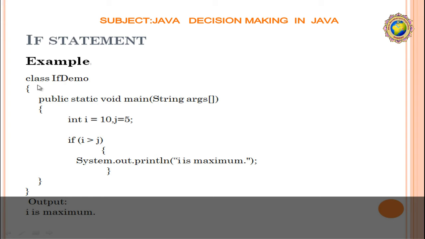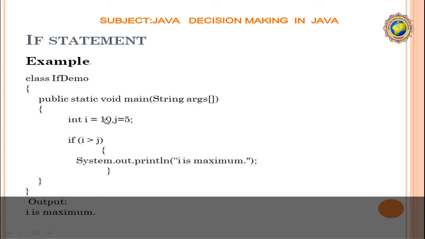First, the class name, then we have taken public static void main, String args. Integers i and j have defined the values 10 and 5 respectively. Now there is a condition: if i greater than j, then System.out.println i is maximum.